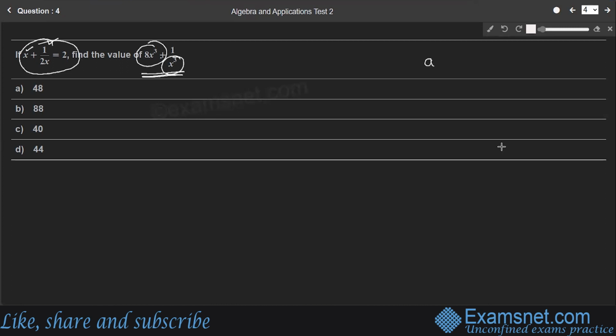So after cubing, you will get the expression a plus b whole cube is equal to a cube plus b cube plus 3ab into a plus b, right? From the formula, apply the same formula. Here, x plus 1 by 2x, the whole cube, is equal to, so cube of LHS is equal to cube of RHS, right?